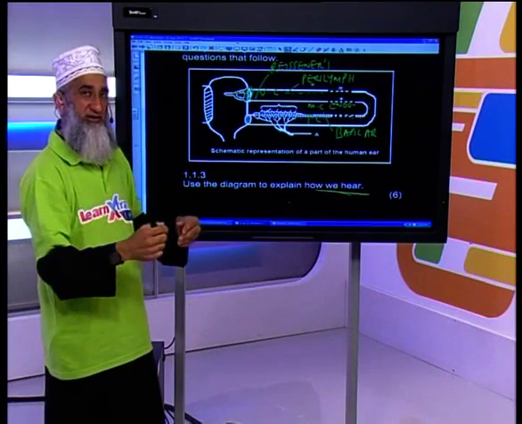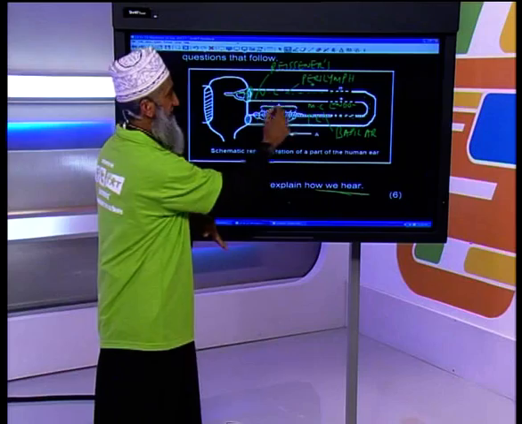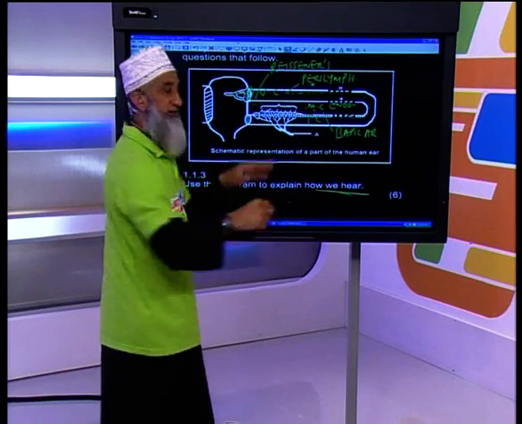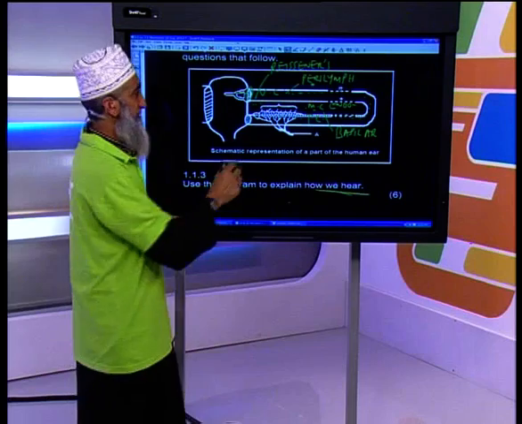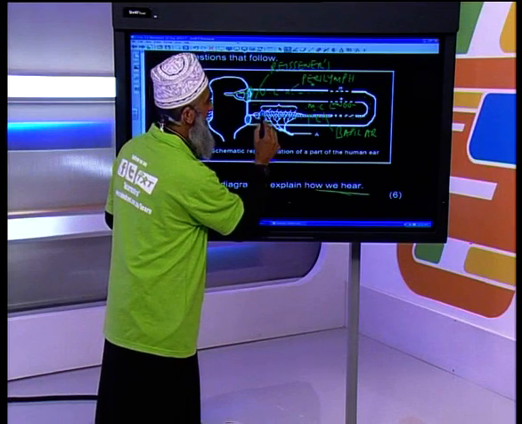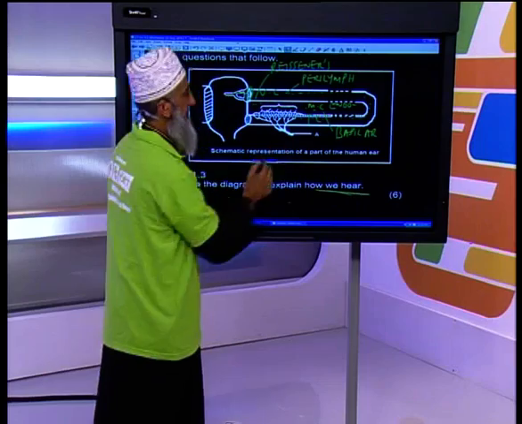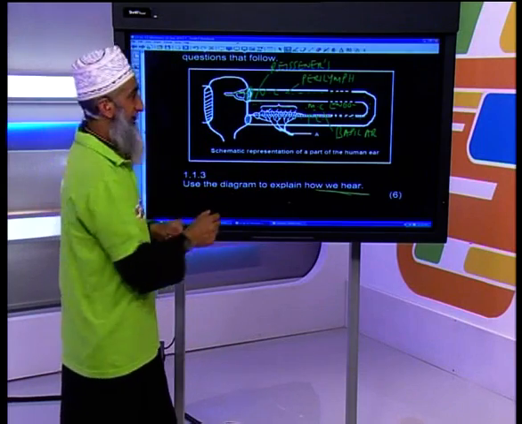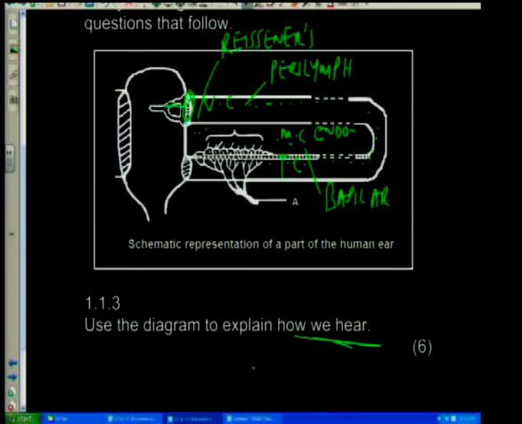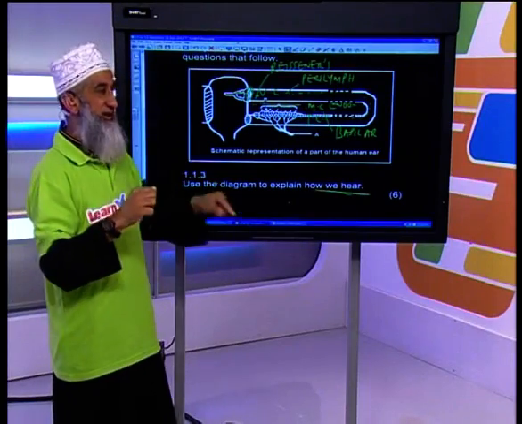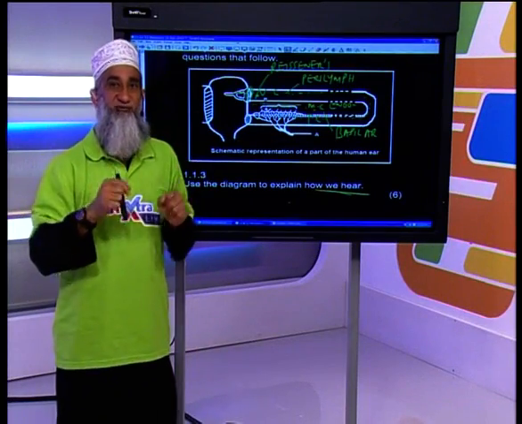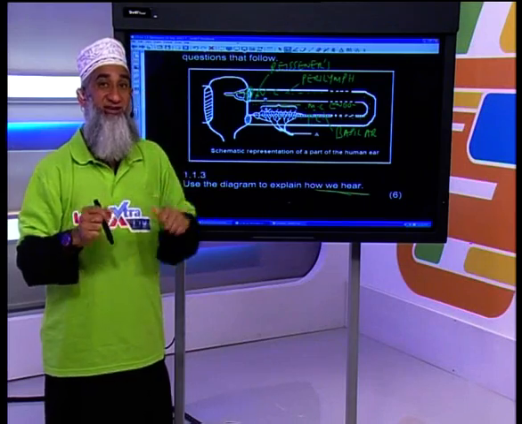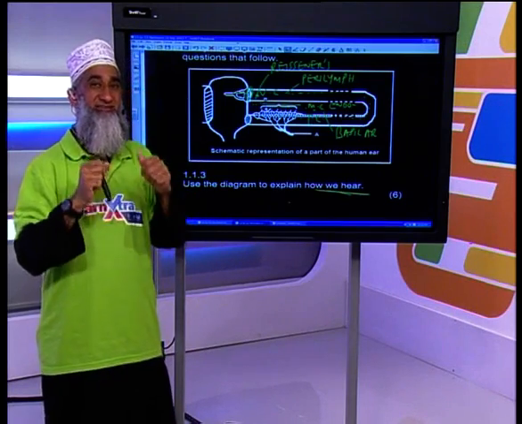And if they vibrate, then the endolymph on the inside would also start vibrating. And if that happens, the hair cells lying on the basilar membrane will vibrate. And when the hair cells touch the tectorial membrane above them, the stimulus is converted to an impulse. From there, it goes to the auditory nerve, from the auditory nerve to the brain, to the cerebral cortex, where it is interpreted.